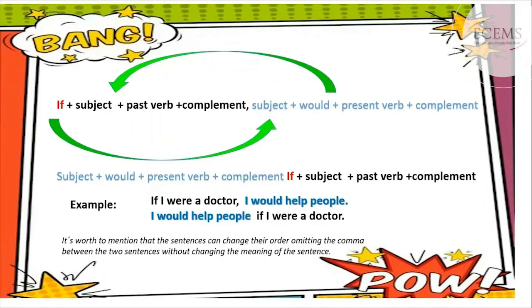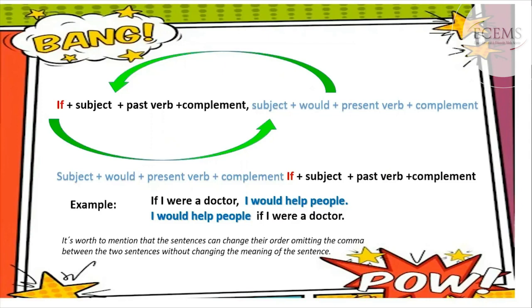A second conditional sentence can start the other way around, with the clause that includes would first, and the clause that includes if in second place. La oración puede comenzar al revés, con la cláusula que contiene would primero y la cláusula que contiene if después. Let's look at the example.